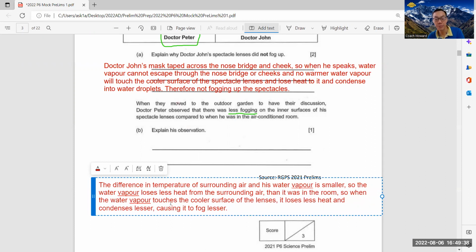So when the water vapor touches the cooler surface, it loses less heat, causing less fogging.